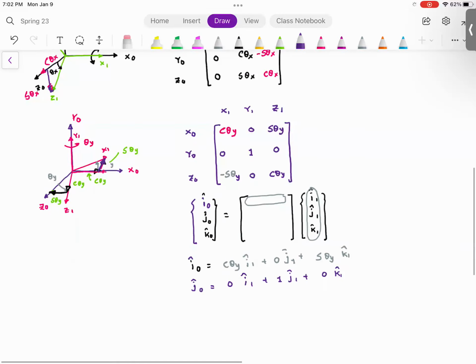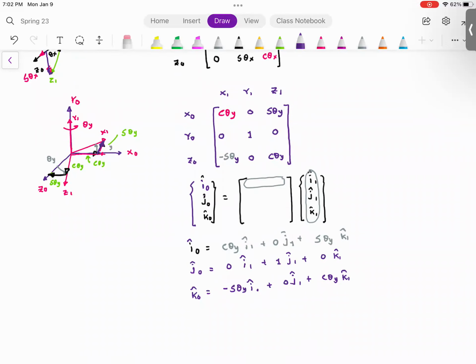And k naught is equal to minus sine theta y i1 plus 0 j1 plus cosine theta y k1. Everyone understood this?